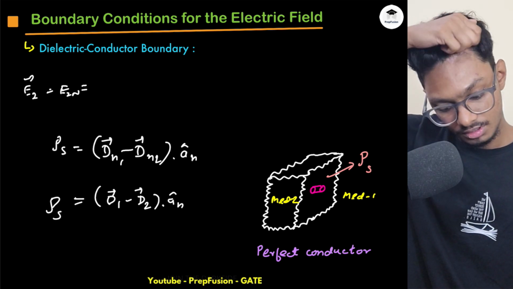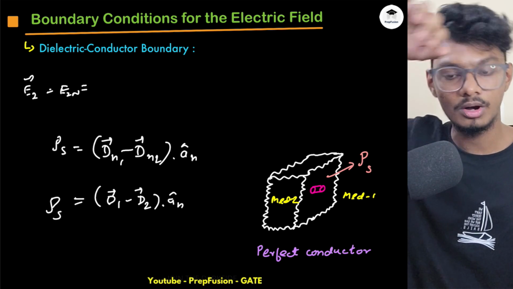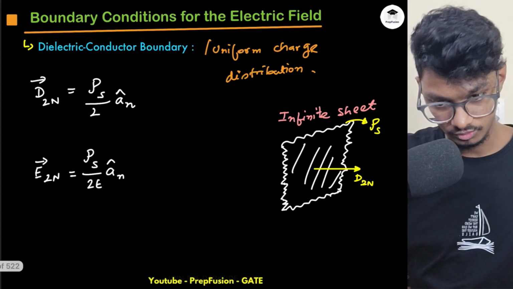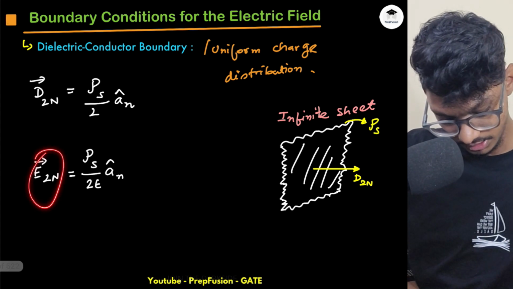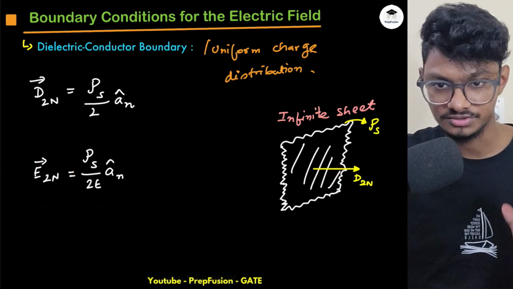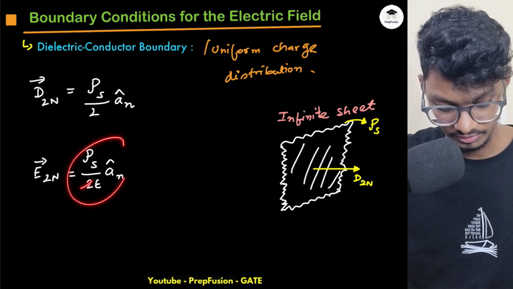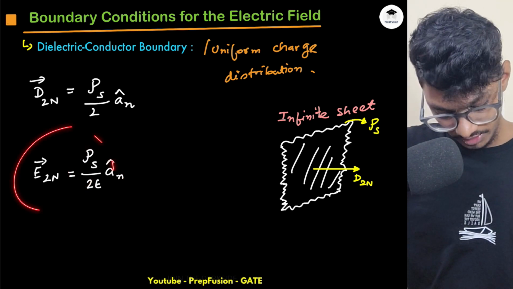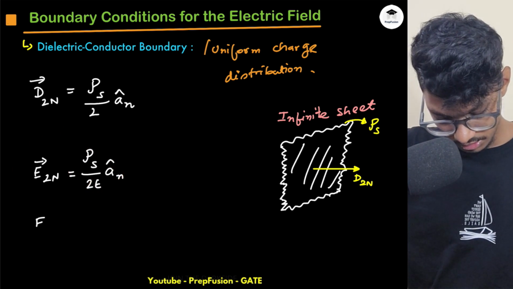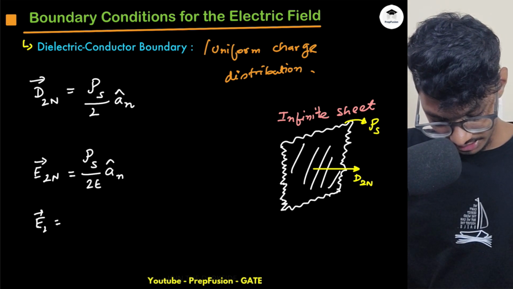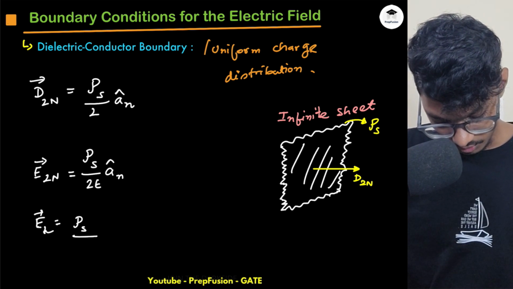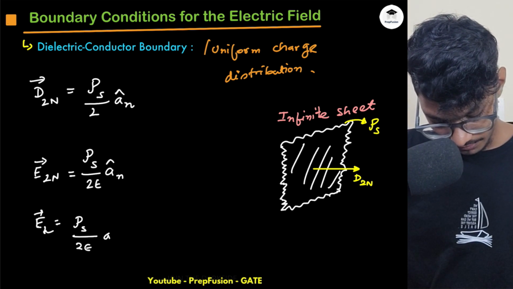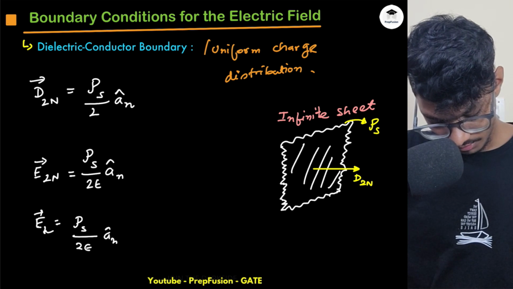Now what do I know about Dn2 or En2? For an infinite sheet, I know the electric field will be rho s upon 2 epsilon. That will be the same as D1 as well, right? And if I know E2n, I know E2, because E2n and E2 are the same, that is rho s upon 2 epsilon, n cap.